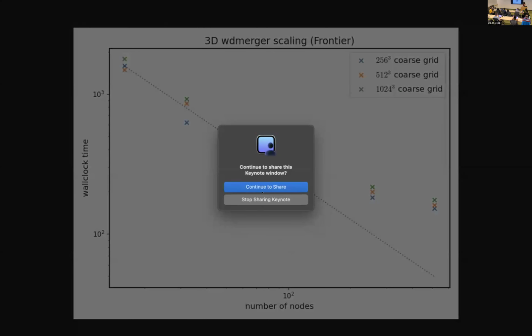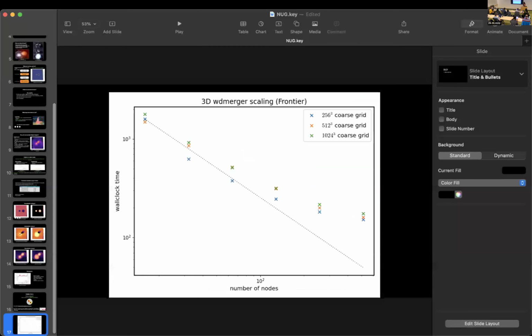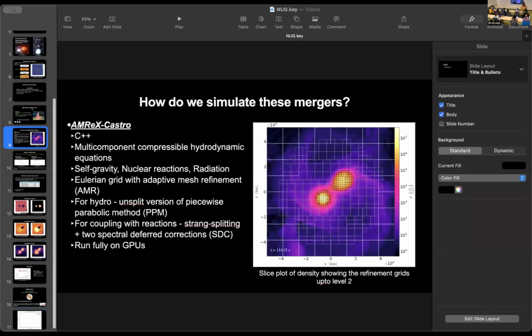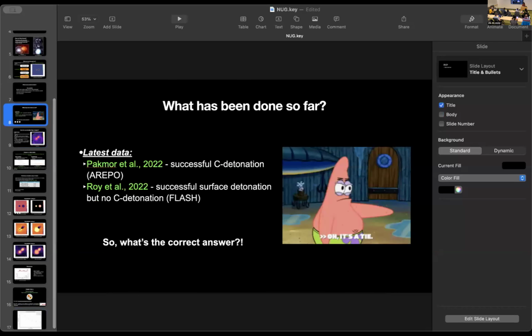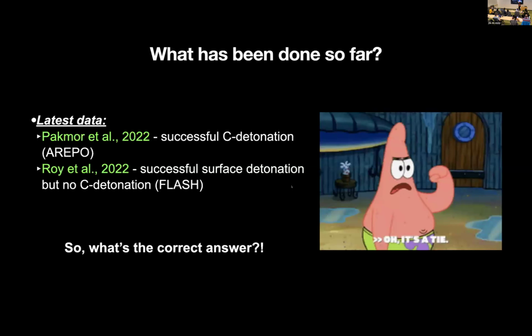Roland: In the studies where the detonation actually happens, what happens to the secondary? That's a good question. One of the groups, Parkmore et al., I think in 2021, first did the study.